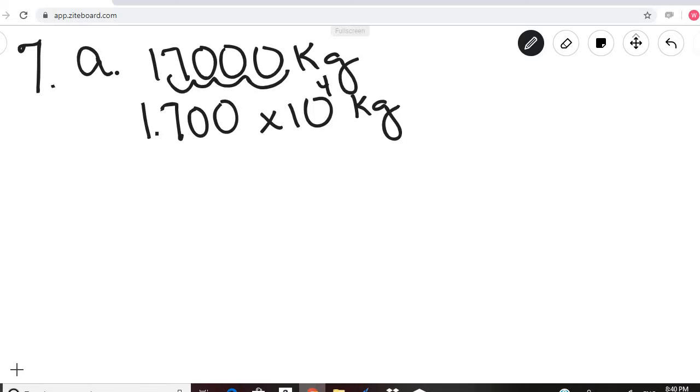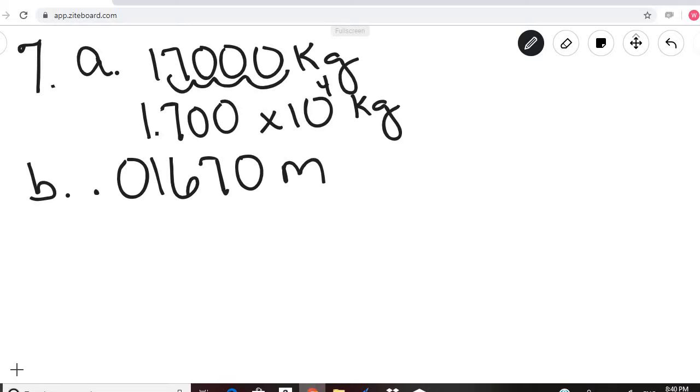Okay, next is B is 0.01670 meters. Okay, so 4 significant figures. 1.670 times 10.